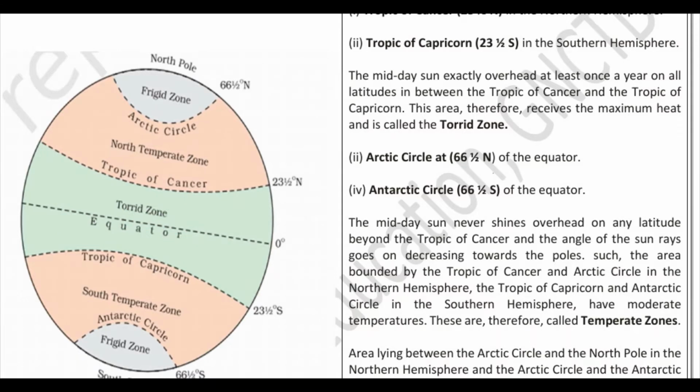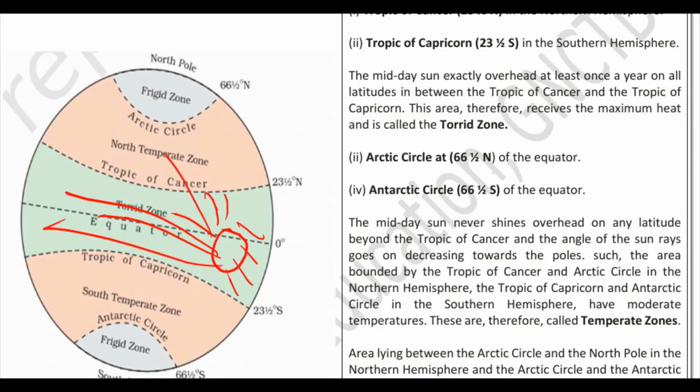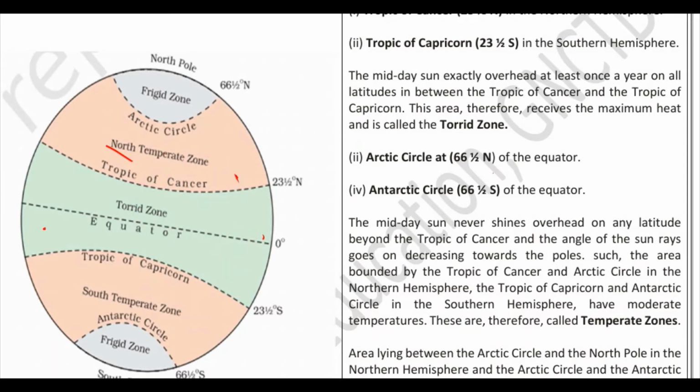Let's say the sun is shining over here, so its rays will go all the way in this torrid zone, and in the other parts of the earth also, but most of the rays will come in the torrid zone. That is why this becomes hot, and that is why the temperature is very hot over here.